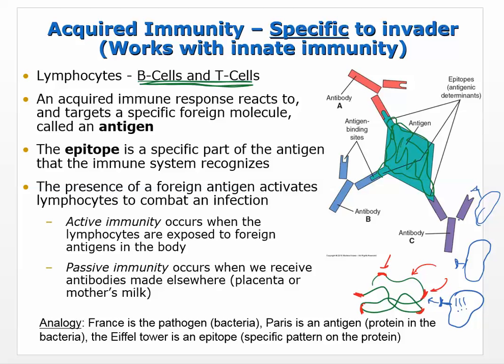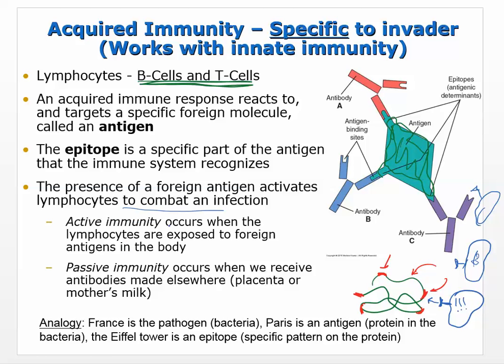Now we have a whole bunch of these that can recognize this particular epitope, this particular antigen, and maybe you can eliminate it that way. That's the same with B cells, by the way. They recognize these antigens. We haven't gotten to who's carrying the antigens, and they're being carried on MHC1, but we haven't talked about that yet.